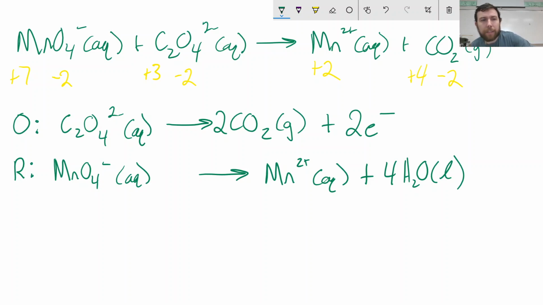And so that's going to change this to MnO4-. I'm going to clean this up a little bit because I'm going to need a little more space. We've got MnO4- (aq) plus 8 H+ ions, right?